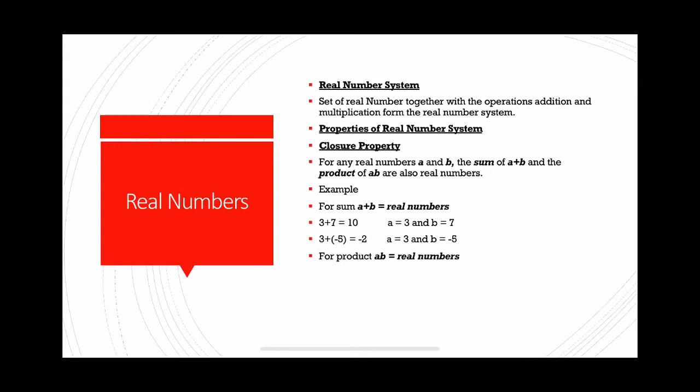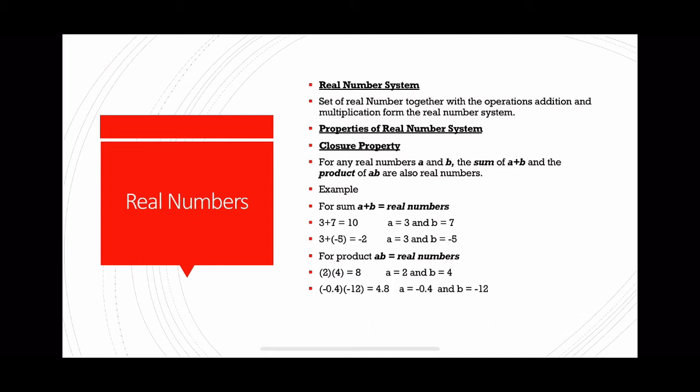For the product ab is equal to a real number, we have 2 multiplied by 4 is equal to 8, where a is equal to 2, b is equal to 4, and 8 is a real number.